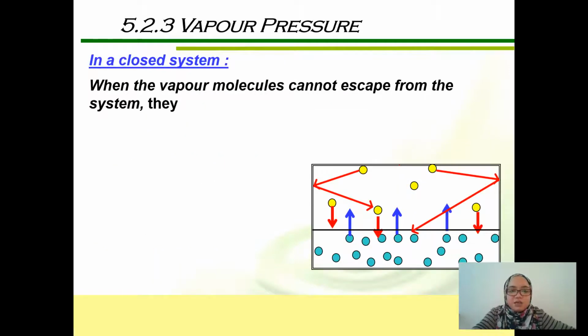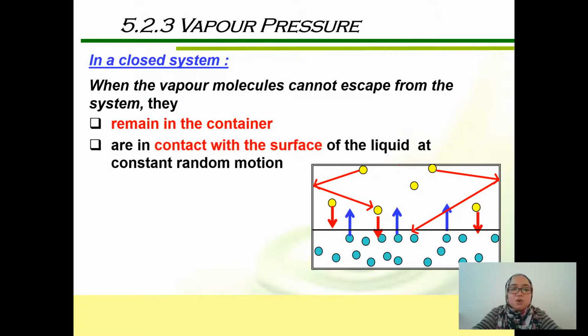Okay, so now, when the vapor molecules cannot escape from the system, they will remain in the container. Yang kuning-kuning ni vapor molecules, okay? Okay, they will remain in the container. So, they will be in contact with the surface of the liquid at constant random motion. Like kuning ni, they collide with the walls and they collide dengan surface of the liquid.